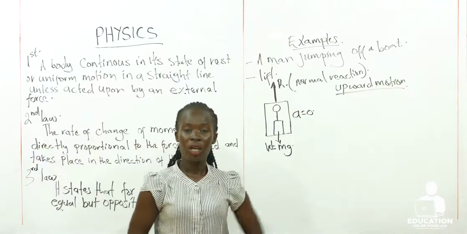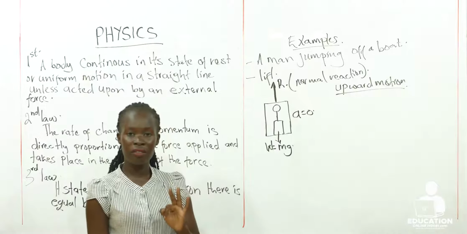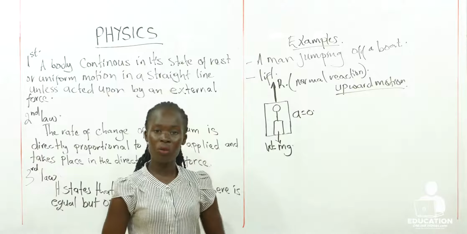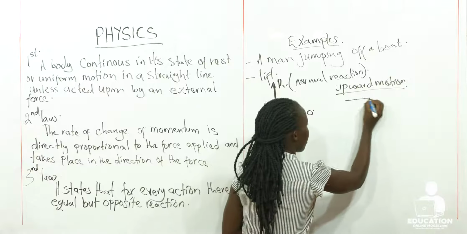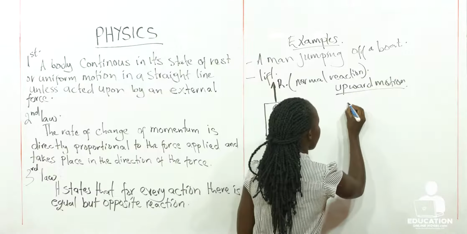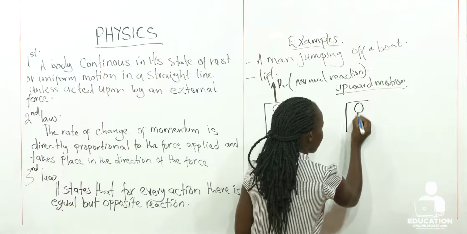What happens? You'll see that in the lift there will be 3 forces acting. What will be those forces? Let's first have our lift there. And this is you here.